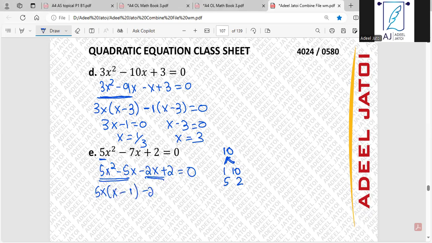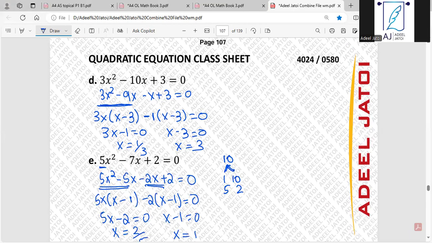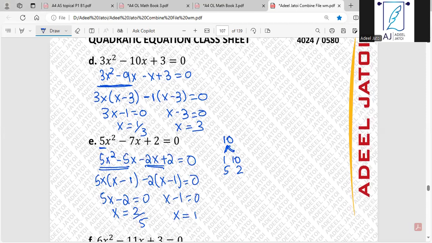Common between these two is minus 2, x minus 1 is equal to 0. 5x minus 2 equal to 0, x minus 1 equal to 0. x becomes 2 upon 5 and x becomes 1. So obviously these are the two answers for part E: x is equal to 2 upon 5 and x is equal to 1.